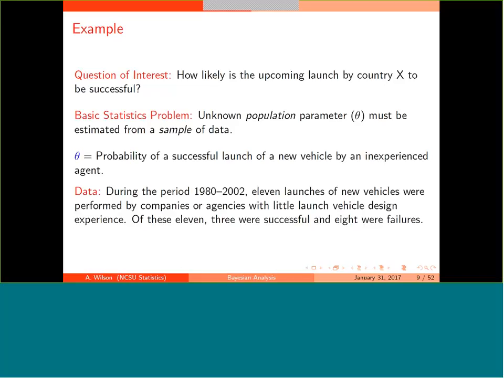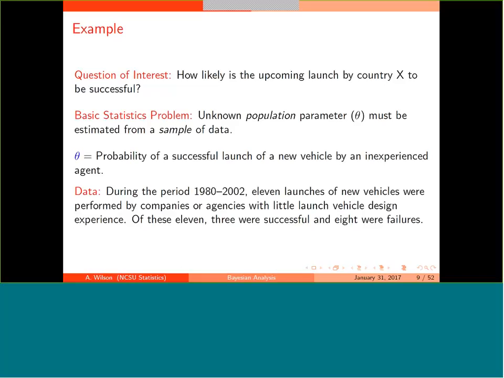If I'm thinking as a statistician, the basic statistics problem that I have is some unknown feature of the population of vehicles that could be launched by some country, and I'm interested in trying to make some estimate about that underlying proportion using a sample of data.